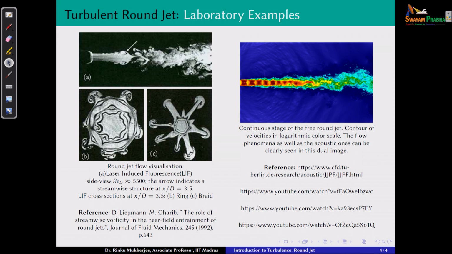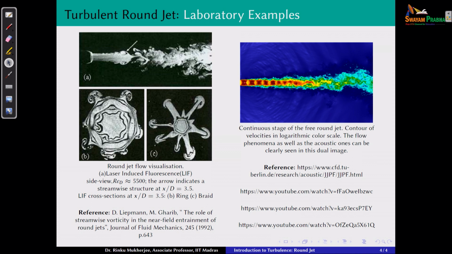Again you see some different structures over here. So you're looking at 2 different cross sections, and you see these kinds of formations there, which is very interesting, because this is very different from a laminar flow. Just compare this with something which is a laminar flow, and then this is a turbulent flow.